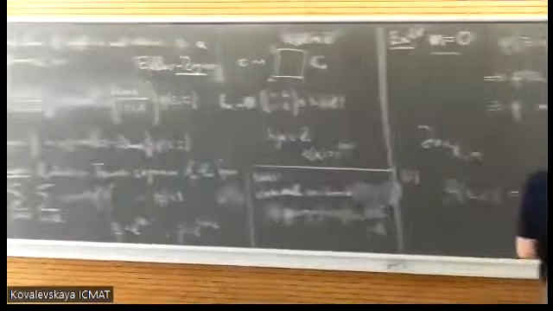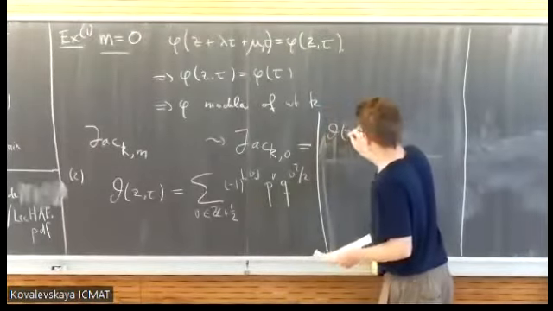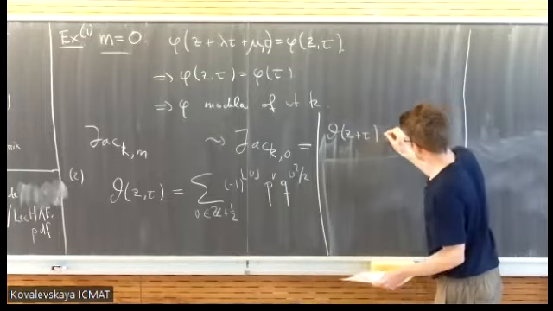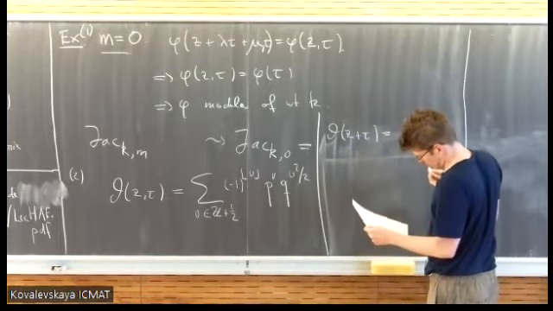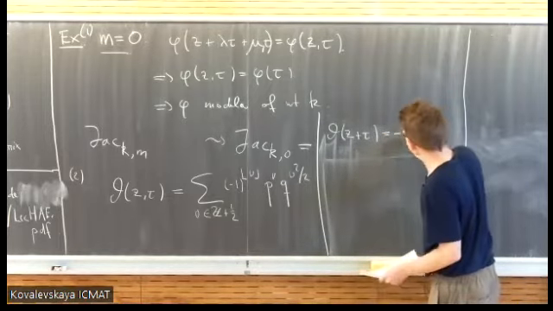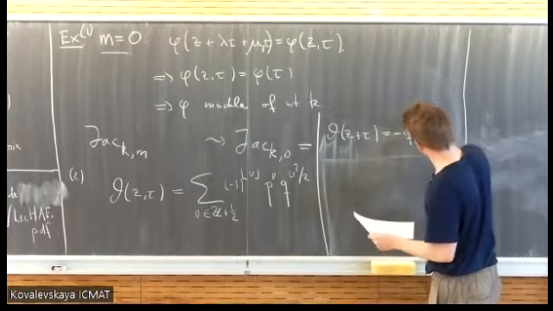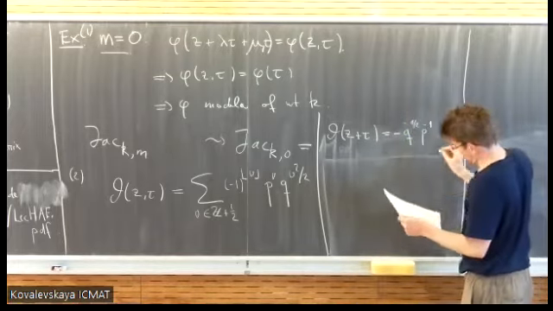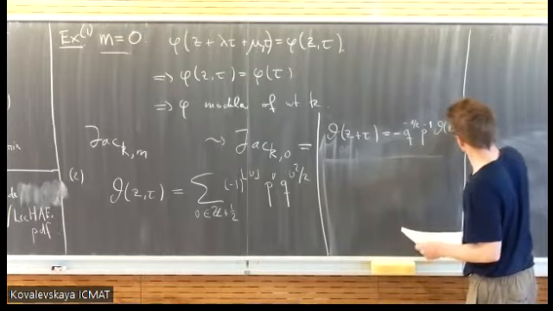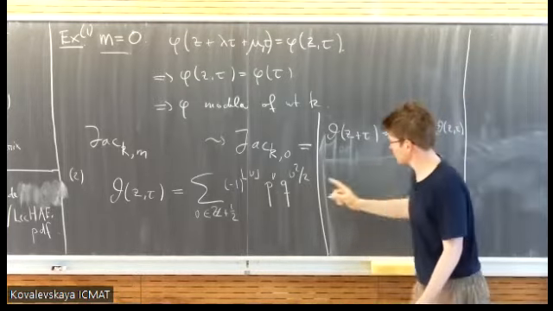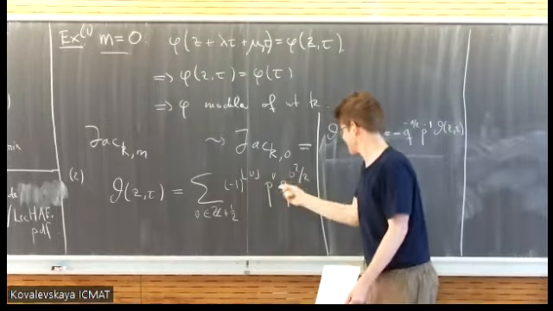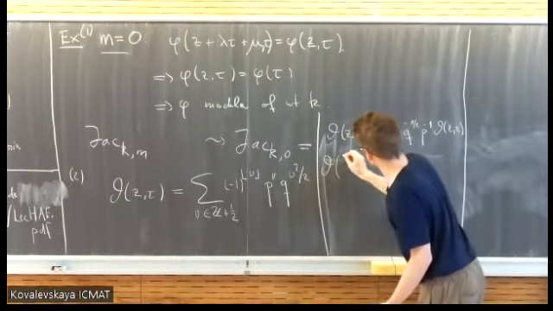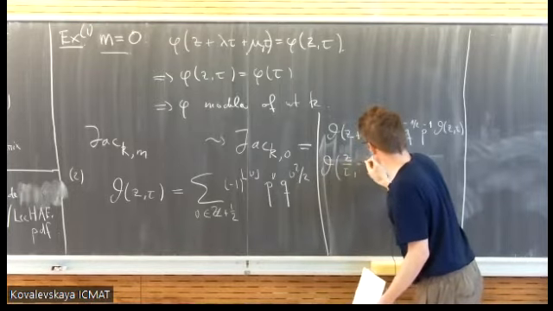The first one is, if you change z by a lattice point, then you just get minus q to the minus 1/2 e to the minus 1 times theta of z. That's actually easy to prove because you just switch some indices. The interesting equation is the one with z over tau and minus 1 over tau.